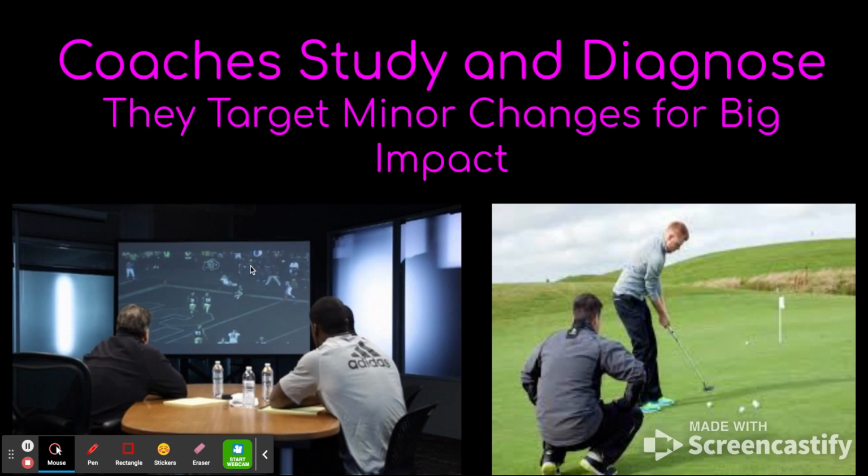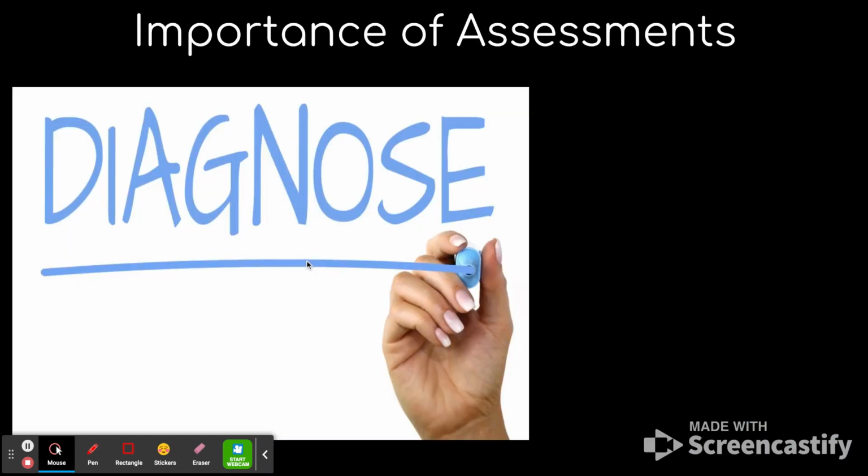And so if we view teaching more like a coach, and there's a lot that goes into teaching, right? Like as far as behavioral and management pieces go. But really, when we're talking about learning, we want to diagnose as much as possible as a coach. And so I think that's really important to think about as we think in terms of assessment.